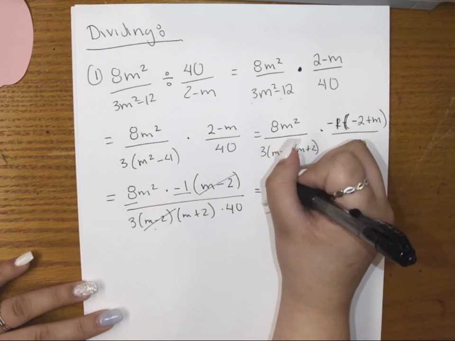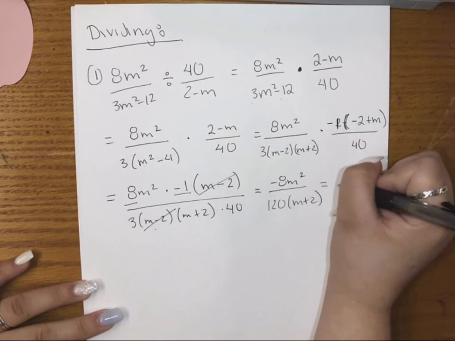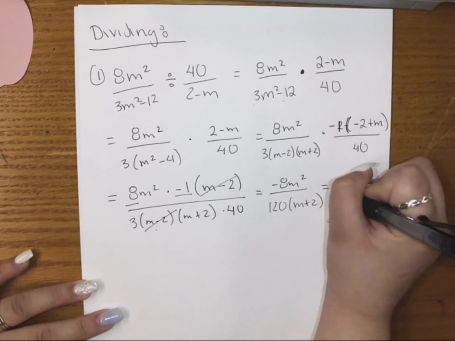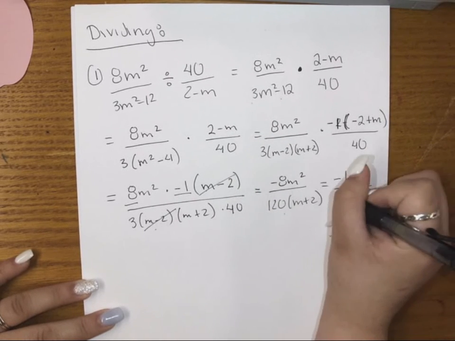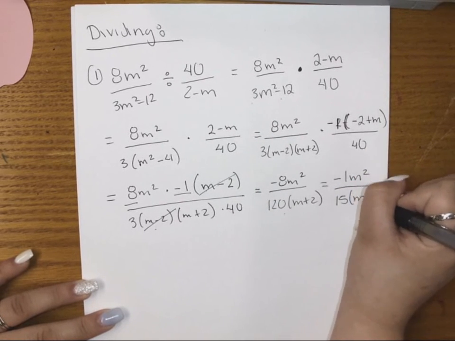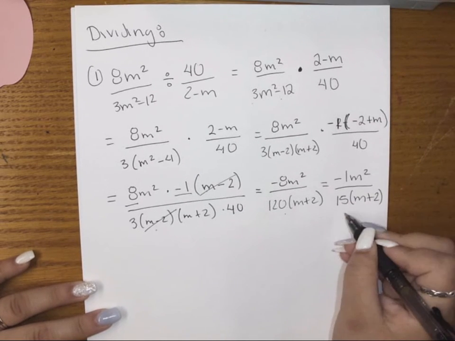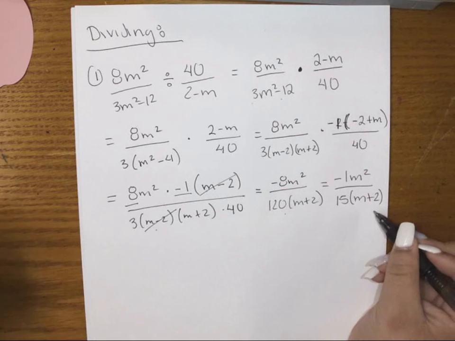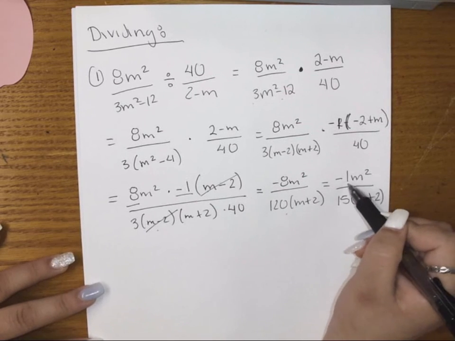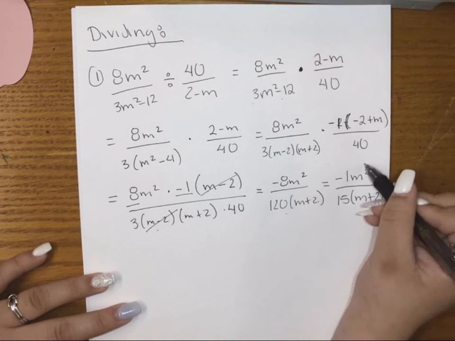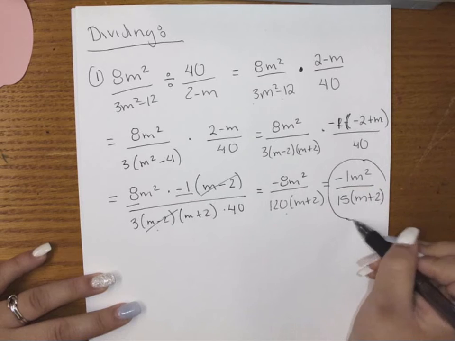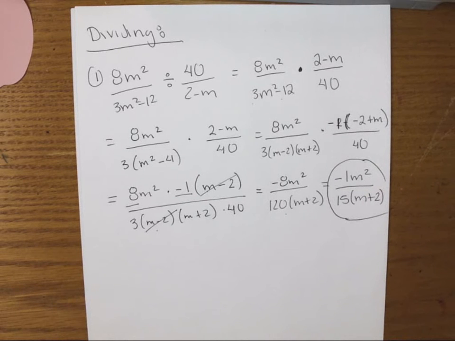They're both divisible by 8. So 8 goes into 8 one time, and 8 goes into 120 15 times. So it simplifies into negative 1m squared over 15 times m plus 2. If you didn't write the 1 here and simply wrote negative m squared, that's totally fine. And that's your answer here.